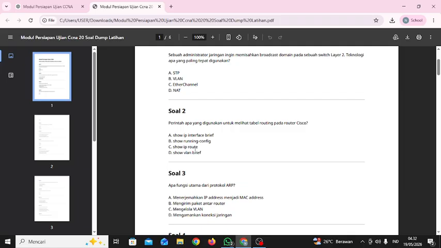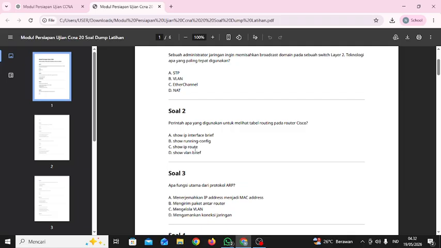Why are the other answers incorrect? Show IP interface brief only shows interface status and IP address. Show running config displays the active configuration, and show VLAN brief is used on a switch to display VLAN information.